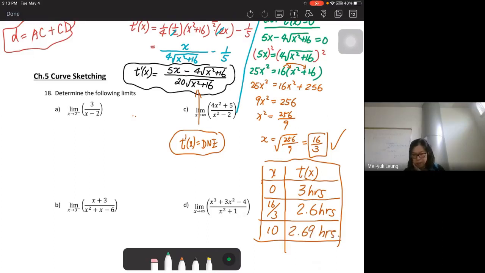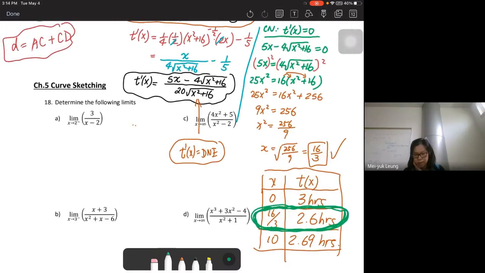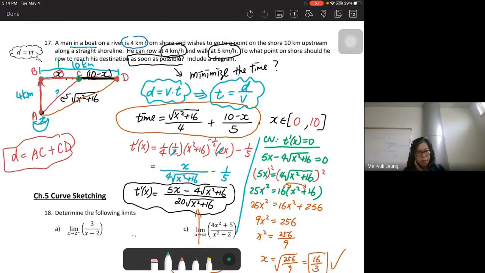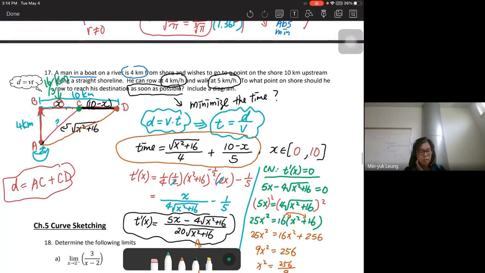So now you can easily see that the shortest time, so the man can get to the destination as soon as possible, the fastest way, is when he rows his boat 16 over 3 kilometers. So this point here would be 16 over 3 kilometers. This part here is the fastest path to get to the point D.